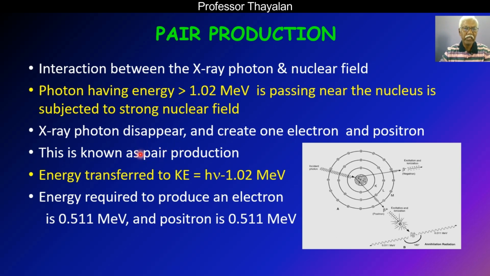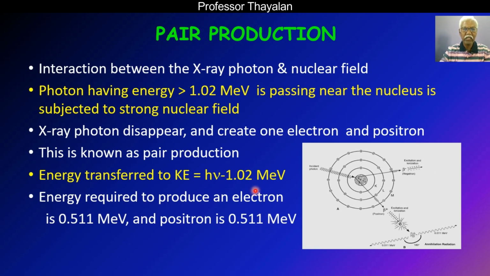Pair means two particles. One is the electron, the other one is a positron. The energy transferred to kinetic energy is equal to the incident photon energy h nu minus 1.02 MeV, which is needed to produce these particles. Because the energy required to produce an electron is 0.51 million electron volt and the energy required to produce one positron is 0.51.